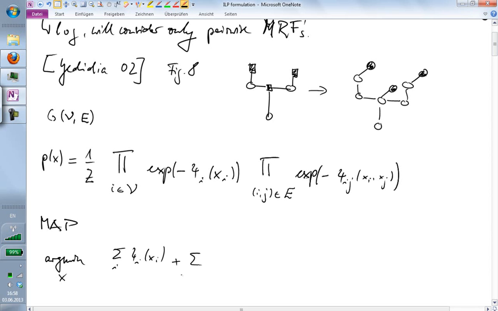That's, of course, something that you've seen many times now. We have called this the energy as a function of x.